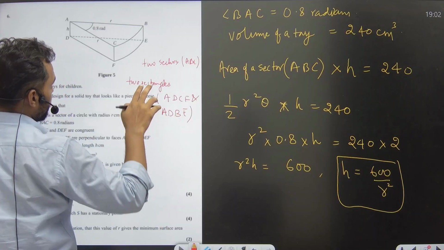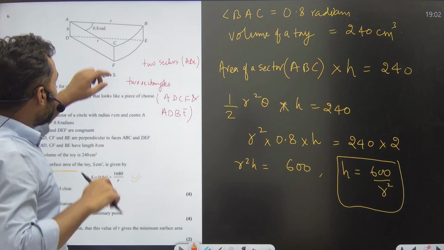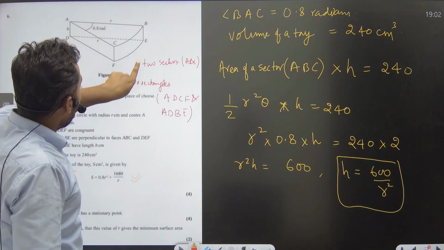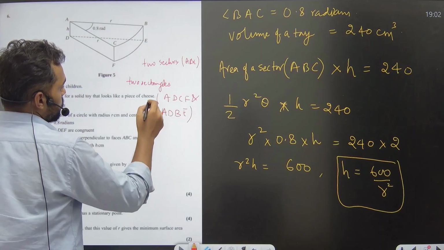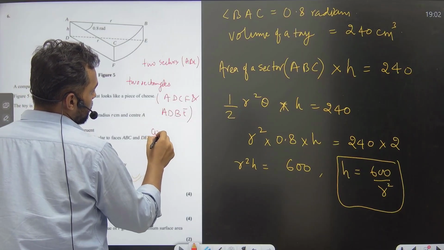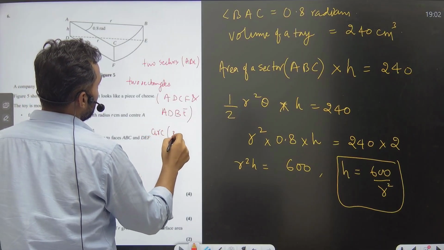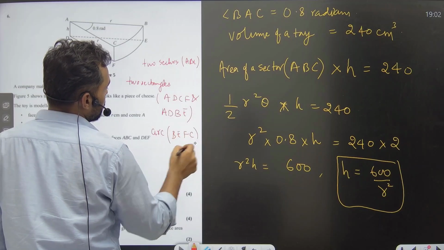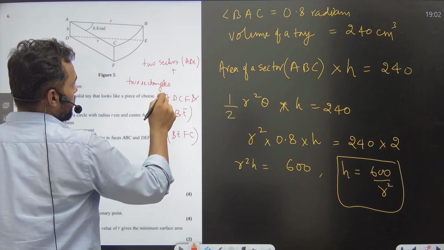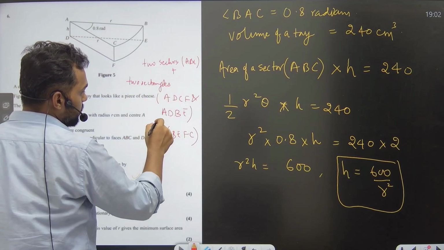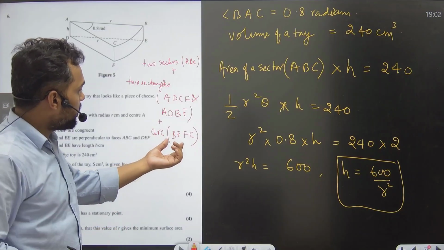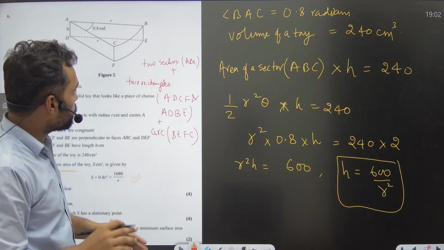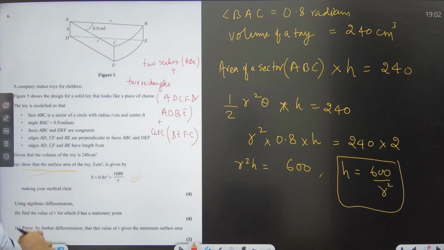These are the two rectangles here. But what about BEFC? There is an arc also, that is BEFC. Okay, so two sectors area plus two rectangles area plus arc area, that is BEFC, will make the total surface area of this particular toy.